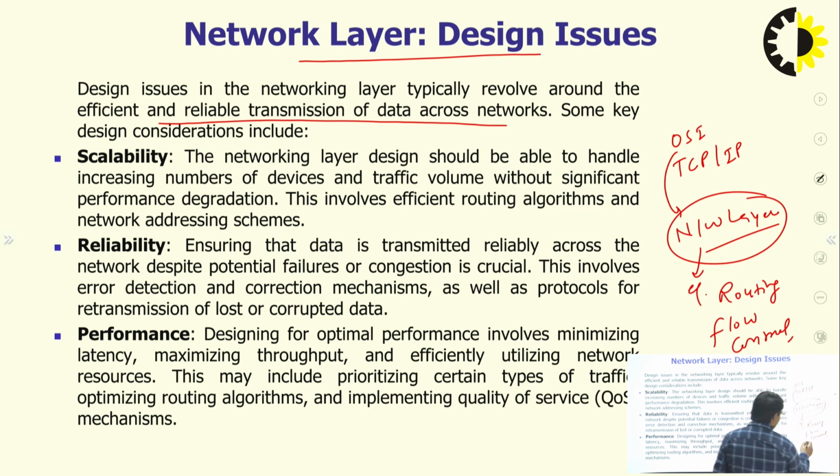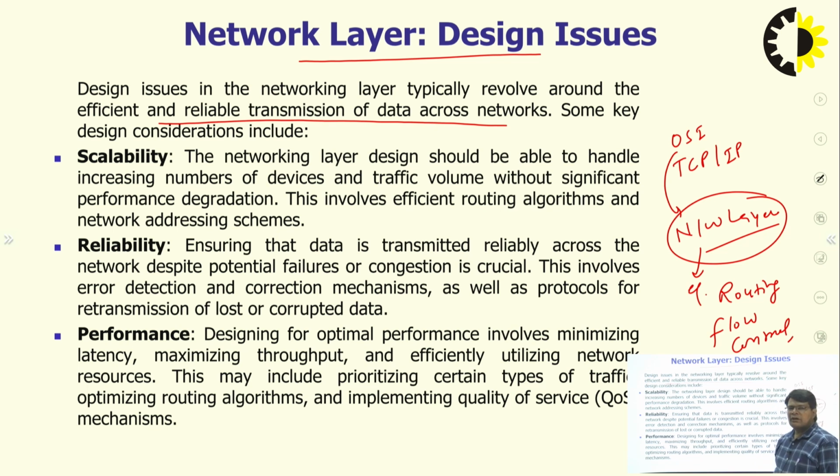So, in the network layer we can also say that this is also responsible for congestion control. Along with congestion control, the quality of service is also controlled by this network layer.